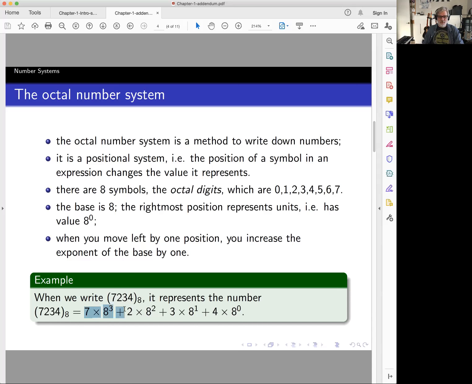Notice this is written in standard decimal. So one of the very confusing things about all this is, of course, that we use decimal to write down numbers, right? When we're talking.